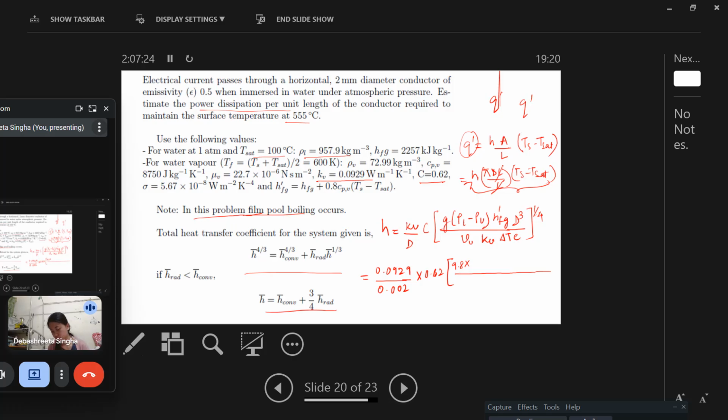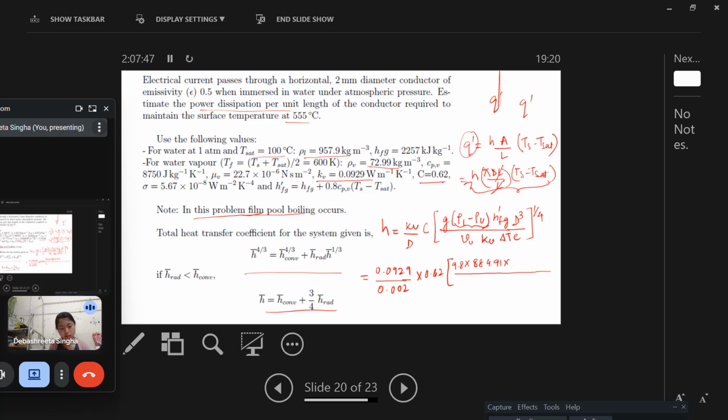I'm directly writing the difference since I don't have much space. 957.9 minus this and this, 72.99, is equal to 8, directly writing this whole value.